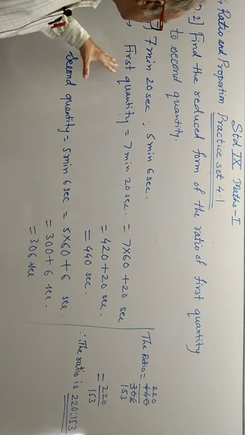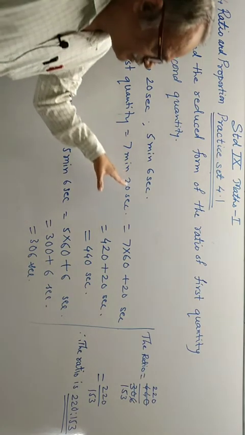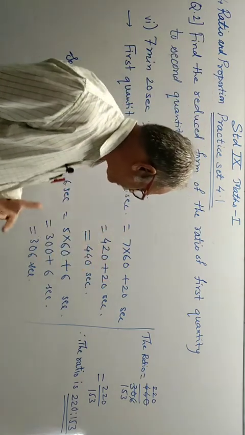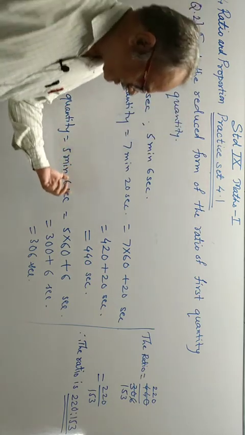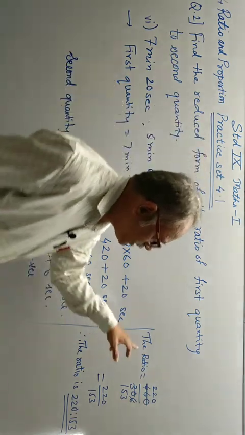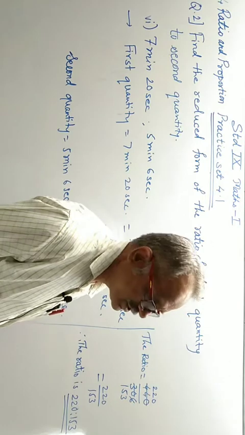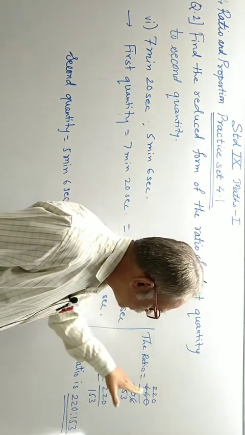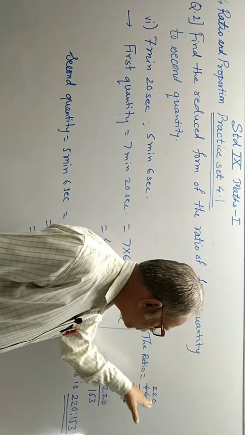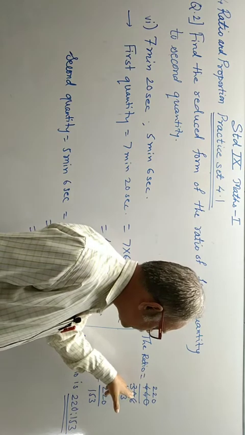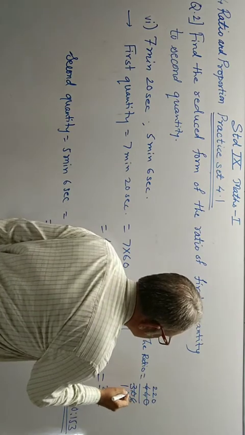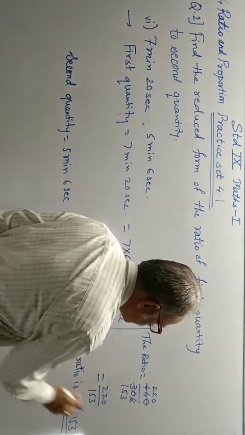Again I will explain this 6th sum. First quantity is 7 minutes 20 seconds, which means 7 into 60 plus 20, 420 plus 20, 440 seconds. Second quantity 5 minutes 6 seconds is 5 into 60 plus 6, that is 300 plus 6, 306 seconds. Now the ratio is 440 upon 306. Both are divisible by 2, giving 220 upon 153.